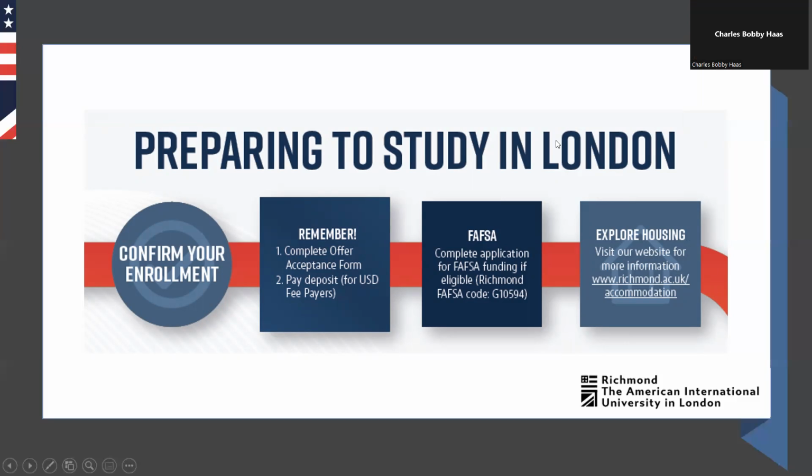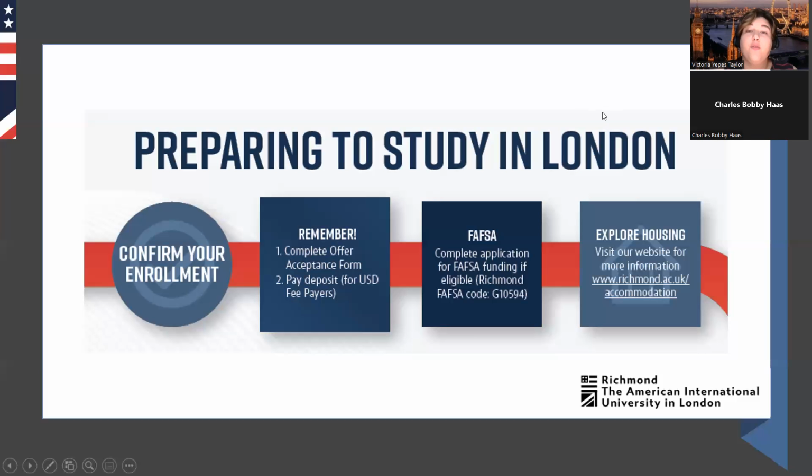To start with, right before the visa application, step number one, first things first is to confirm your enrollment. You have to let us know that you would like to join us. That is done by following the next two steps. First is completing the offer acceptance form.